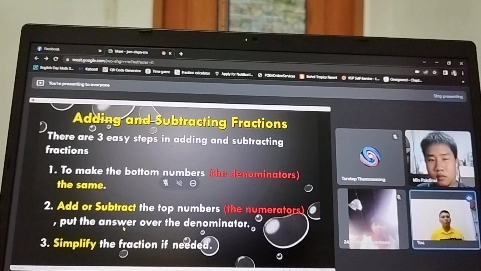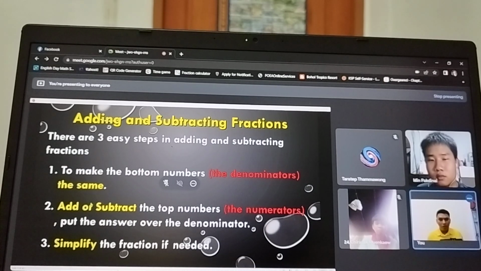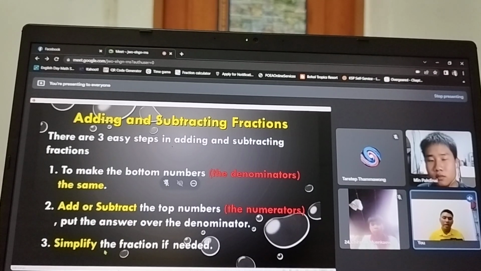So that's step 2. If it's adding fraction, you add. If it's subtracting fraction, you subtract or minus. Then the last step is simplify the fraction if needed.